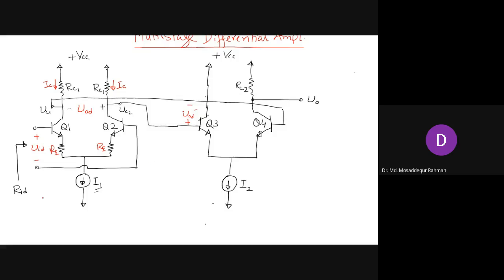And this one here is our input stage, and this is supposed to provide high input resistance RID. And these are output stages, and this is supposed to provide high gain.